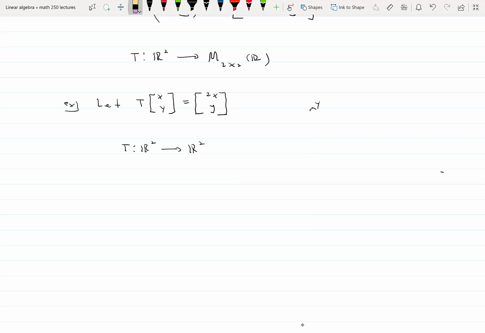Sorry, guys. Here is the point X, Y, or in terms of column vectors, X, Y.